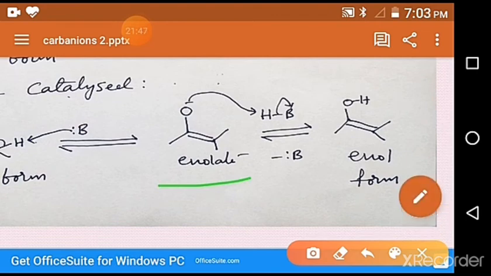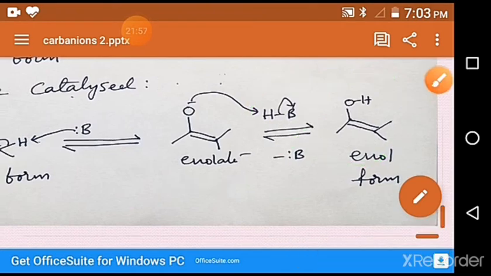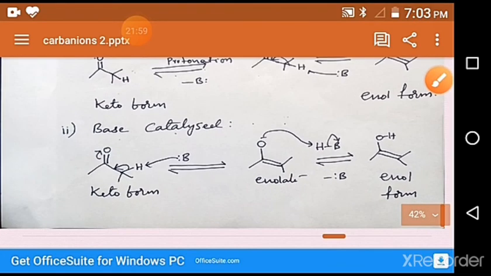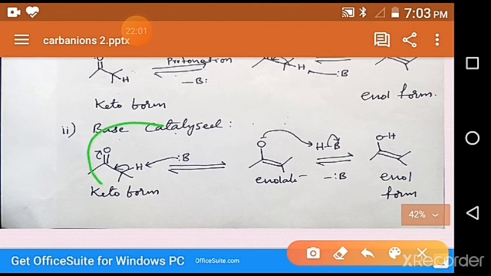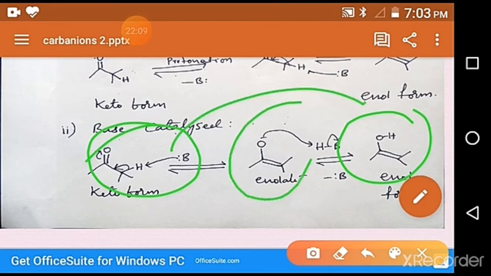This enolate ion abstracts a proton from the acid. It forms enol. So in this way, keto groups are converting into enol. This is a keto group, this is the enol group. So the interconversion from keto to enol is taking place through the formation of an enolate ion.